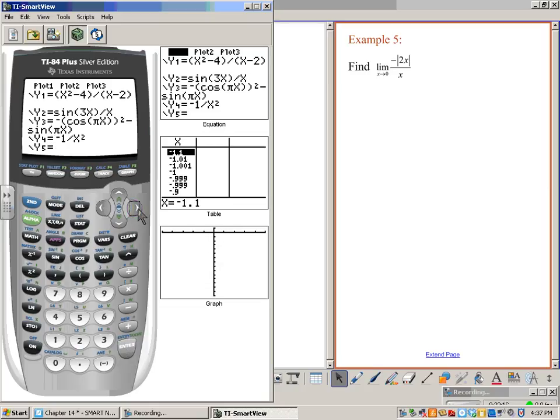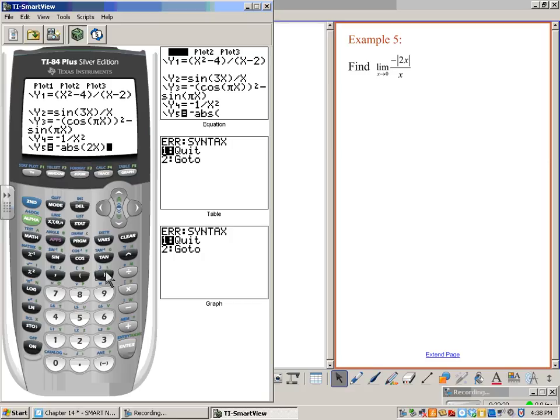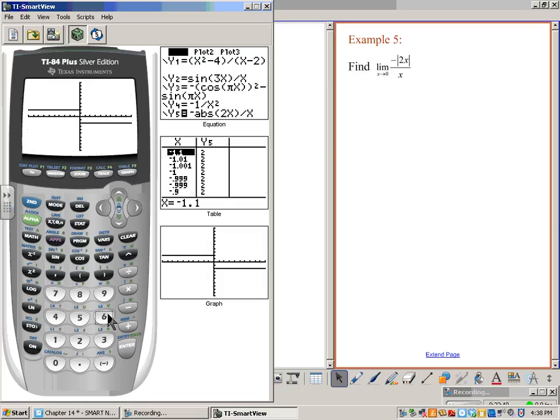Okay, so we have negative absolute value, and to pull up absolute value, we go to Math, go over to Number, and press Enter on number 1. We're looking at the absolute value of 2x, and dividing by x. Okay, and I'm going to do a zoom 6 on this one. There we go. It does look familiar.